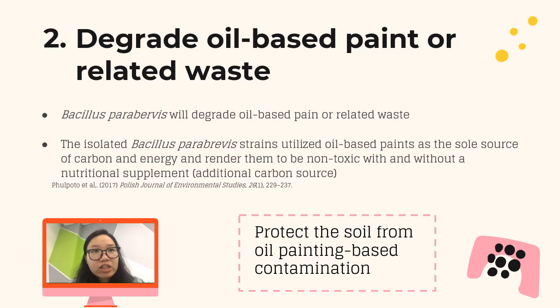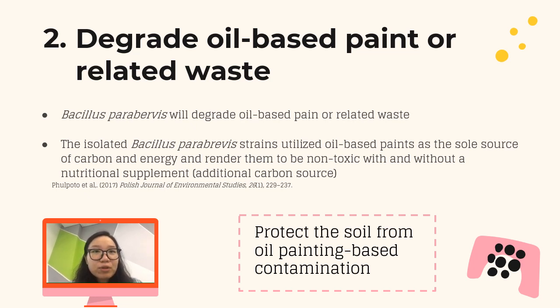The indigenous environments that are polluted with hazardous hydrocarbon like oil-based paint are the target sources for isolations of this bacteria. So in the recent study, Bacillus parabrevis was successfully isolated and characterized as an oil-based paint degrading strain that could tolerate the oil-based paint concentration.